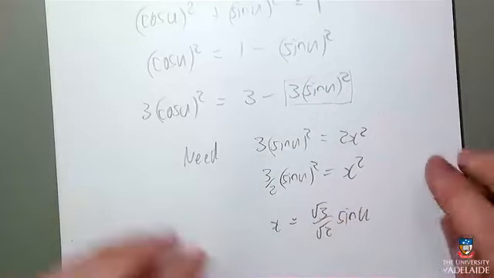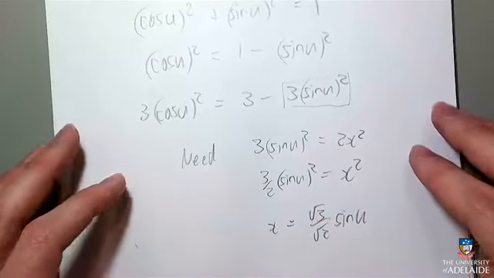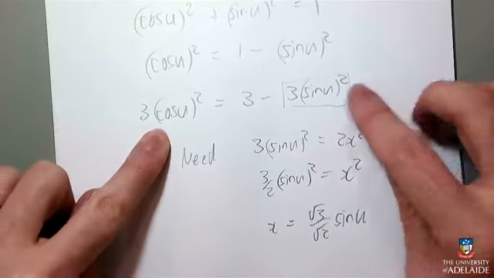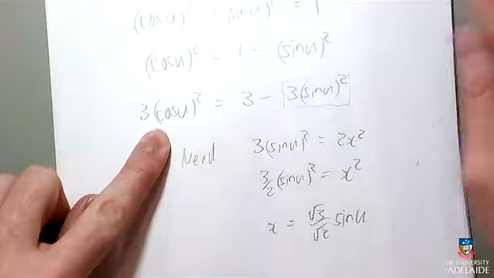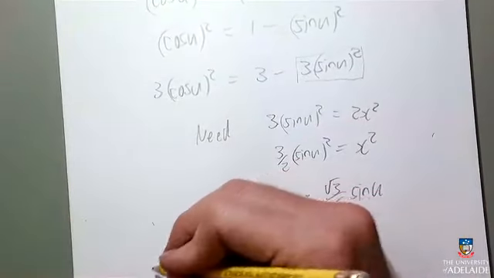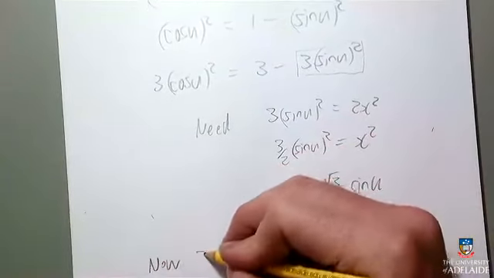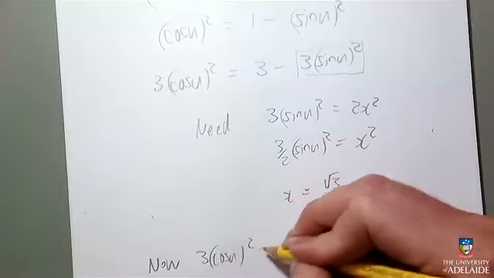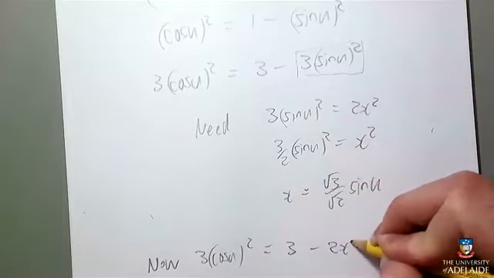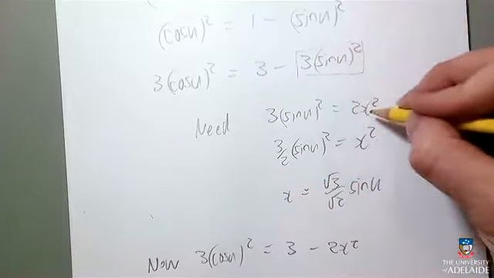And neatly, I've already done half of my work because I've also figured out what cos is. So what this means is that 3 cos squared u is now 3 minus 2x squared, because we can replace that with 2x squared.